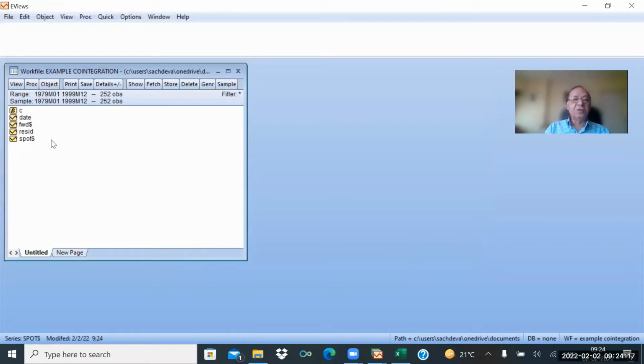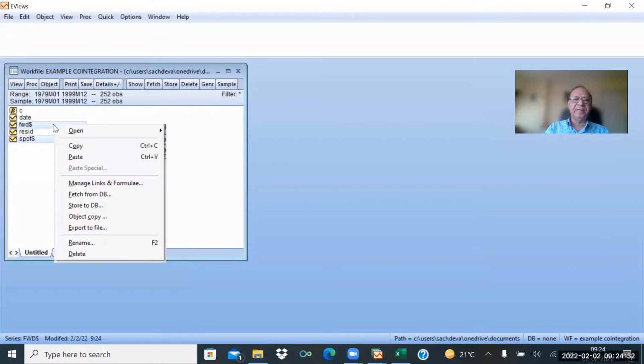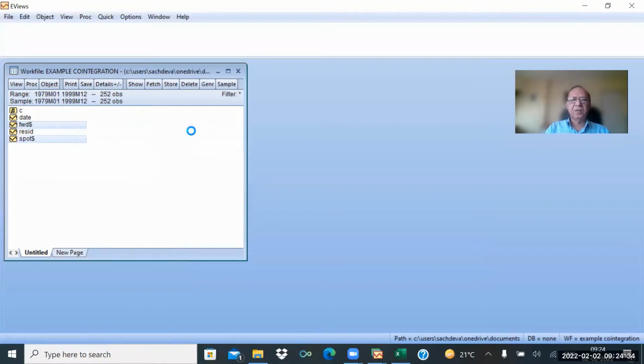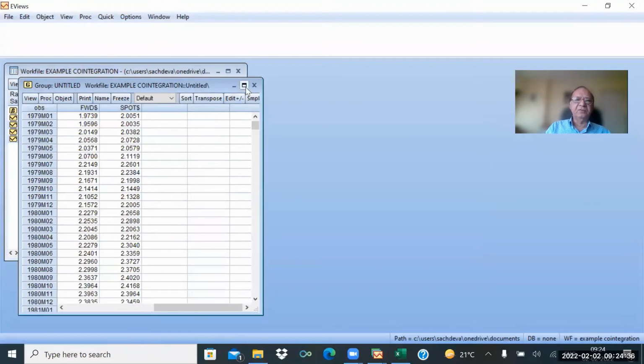We will use our mouse click and control to select the forward dollar price first, because we are going to take it as our dependent variable, and then spot. We open it as a group. So we have got this forward dollar price and spot dollar price.